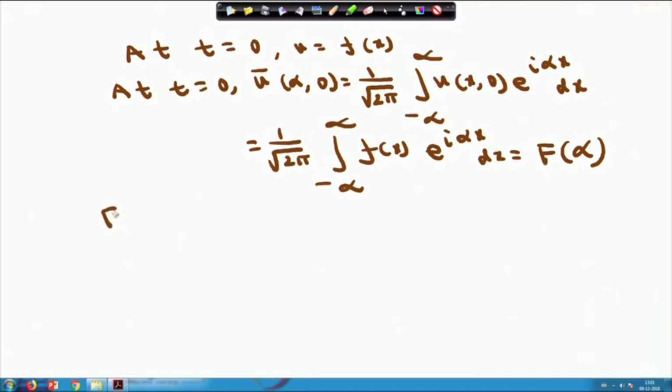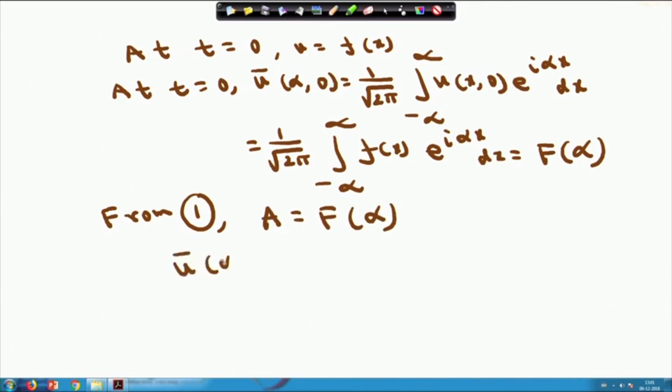So, now from equation 1, if I say that at t equals 0 u bar alpha 0 equals F of alpha, then I will obtain a equals F of alpha. So, once I obtain the value of a and the value of b is 0, u bar alpha t equals F of alpha into cos of c alpha t, you can obtain.